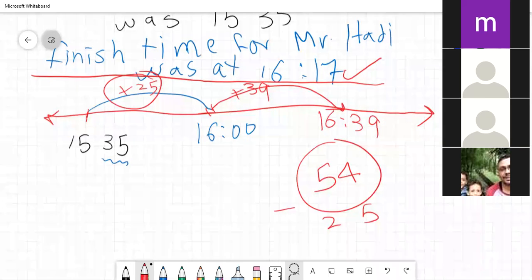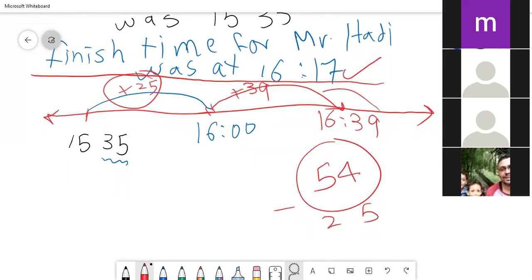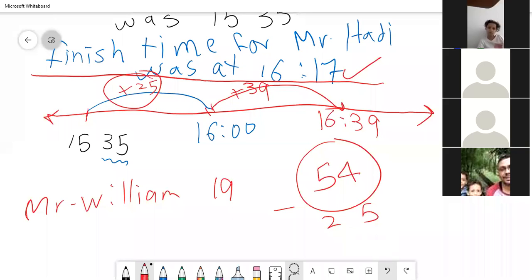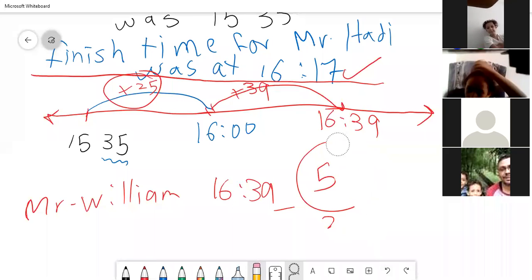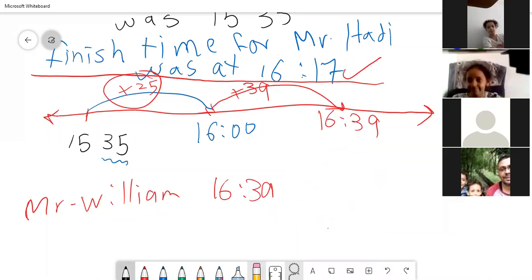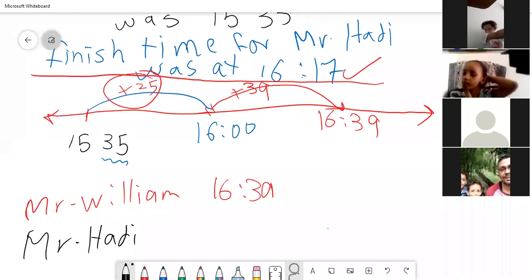So please focus here. Now we have found the finish time for Mr. William. So Mr. William finished at 16:39. But Mr. Hadi finished at 16:17. Am I right?